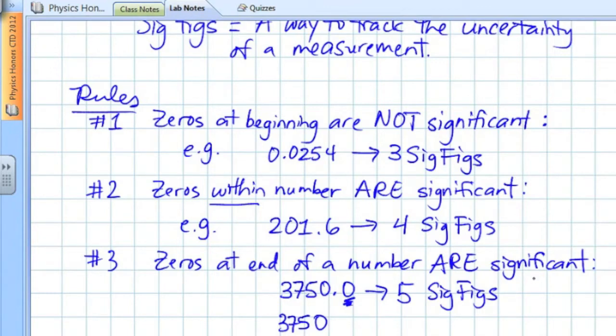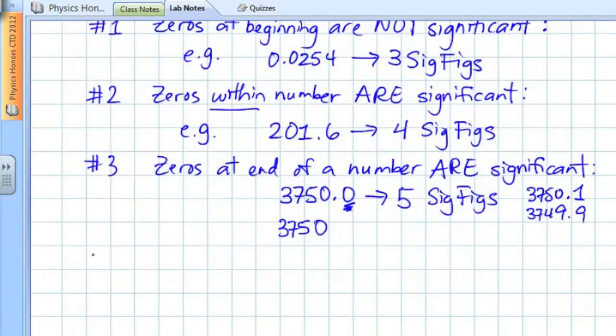So theoretically it could have been 3750.1 or 3749.9 or whatever. But the point is, we're able to measure it to that amount of precision, so we have more sig figs.